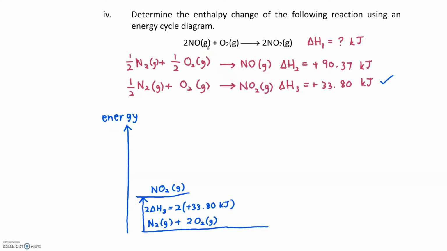So that gives us our product NO. So 2NO and also 1 extra oxygen gas because we're only using 1 for this equation. So this is delta H2. So it's twice the value.